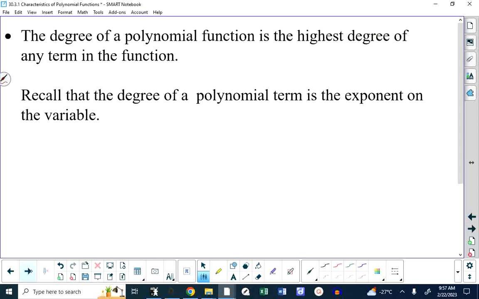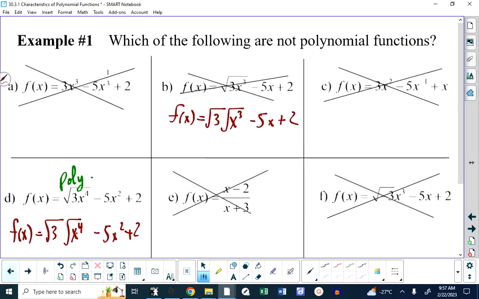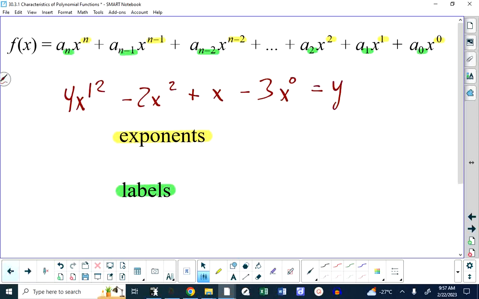So the degree of a polynomial function is the highest degree of any term in the polynomial function. This goes back to grade 10, actually. I think you're taught this in grade 10 and then you forget about it. The degree of a polynomial term is the exponent on the variable. In the example that I just gave you, the degree of this first term is 12, the degree of the next term is 2, the degree of the third term is 1, and the degree of the last term is 0.